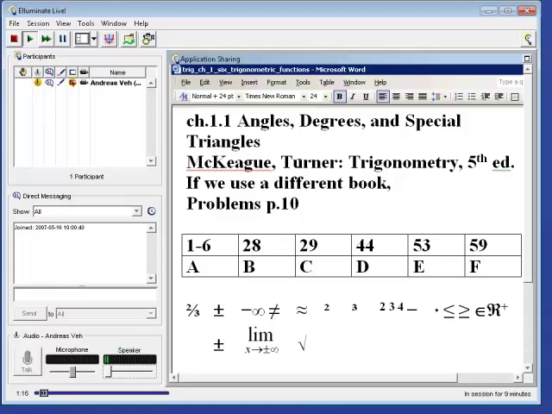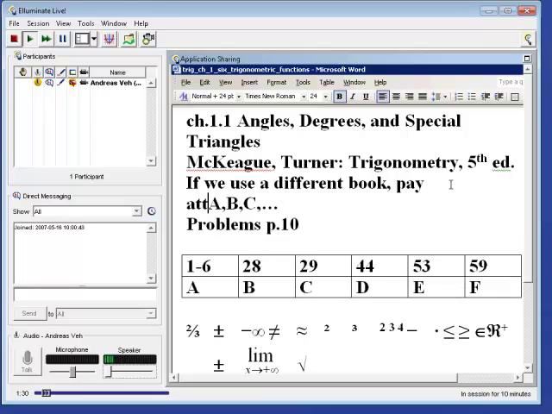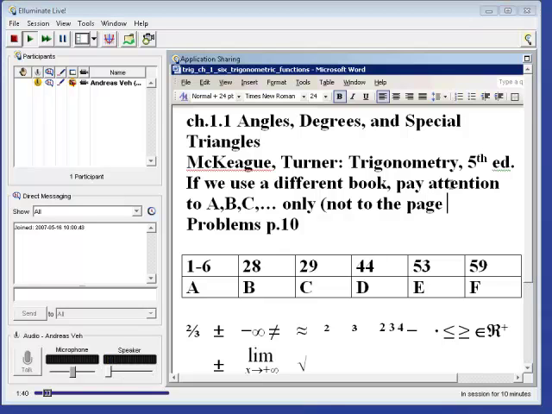That's why I use these designations A and B and C. Pay attention to these ABC exercises only, not to the page and chapter numbers.